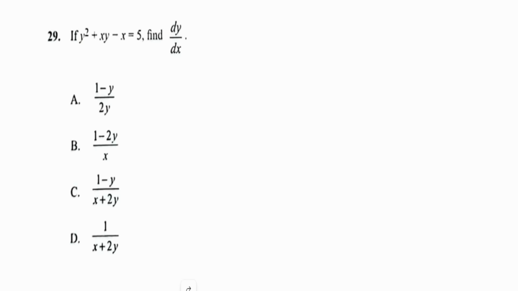But in the case where we have more than just one y, or y with exponent 1, we use what we call implicit differentiation, where every y we differentiate becomes dy/dx, and then we apply any other rule, the chain rule, the product or quotient rules, depending on what the question is requiring us to do. So that is what we are going to do now, and I'm going to rewrite my question, then I start the differentiation as I explain along.